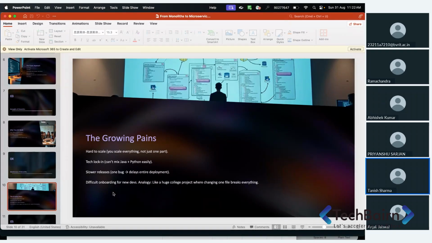But in a monolith, if you want to scale up only the notification service, that is not possible, because all of the code is tightly coupled and provided in a single service. So it is hard to scale a single feature.